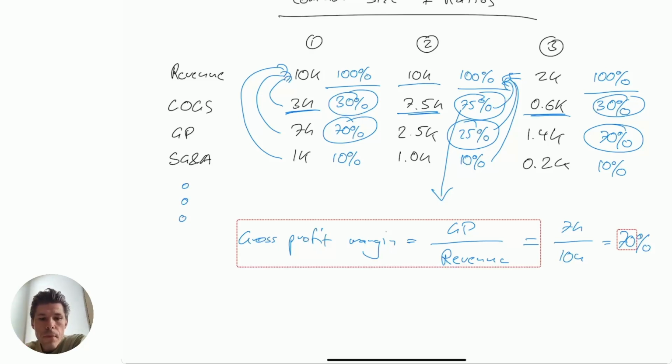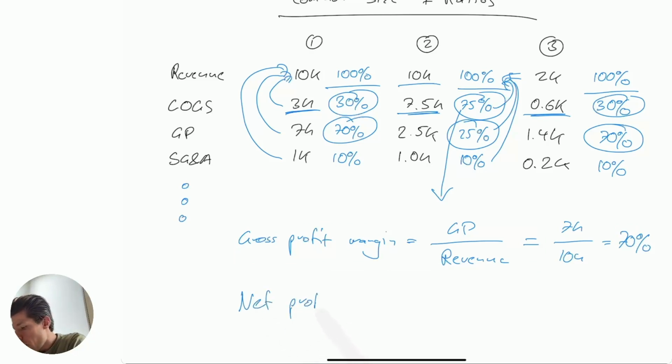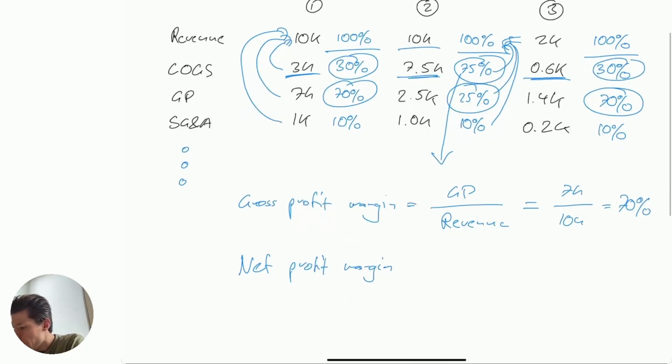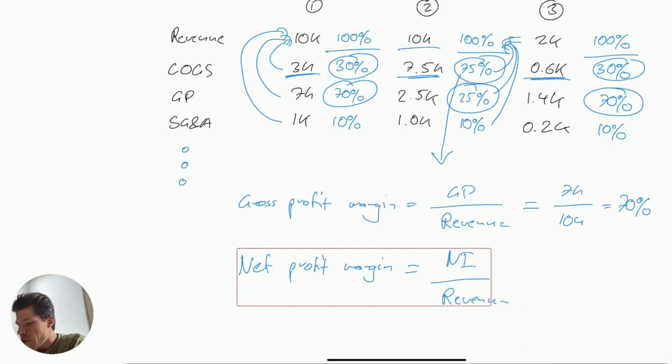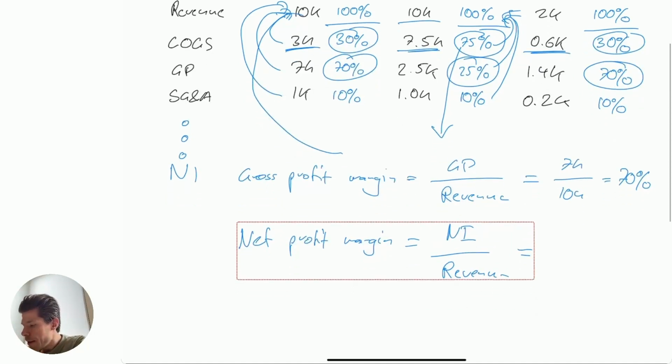There's another formula that we often use, net profit margin, also called profit margin, which is net income over revenue. I have not depicted the net income line item here, but it would be the amount over revenue, and then you can compare this type of profitability again.